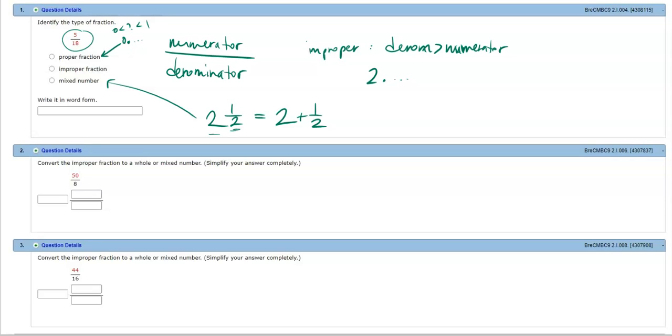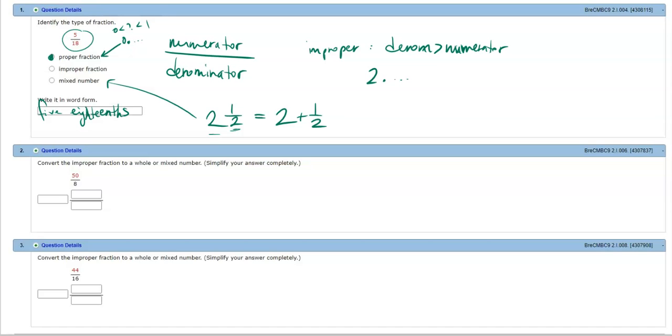We will discuss translating the mixed number into an improper fraction, and vice versa, doing those conversions. Eventually in Chapter 3 we're going to be working with decimals as well. Now of course this one is a proper fraction and it is called 5/18.